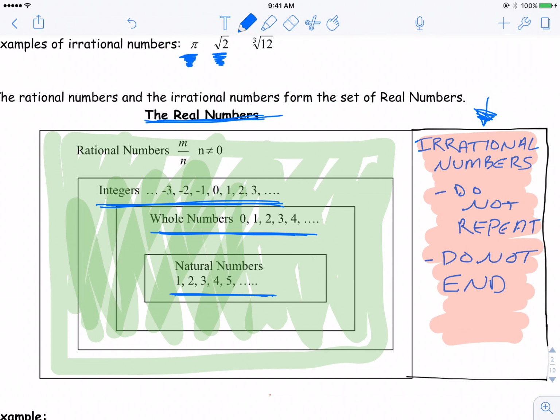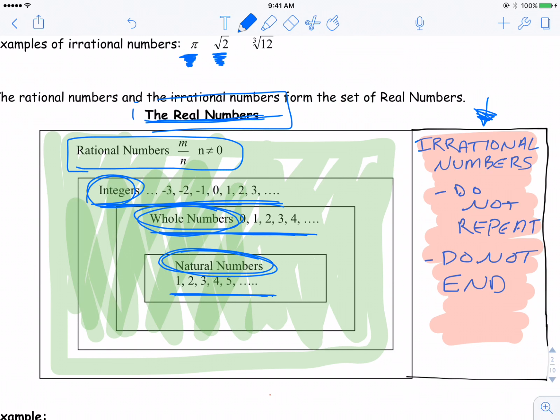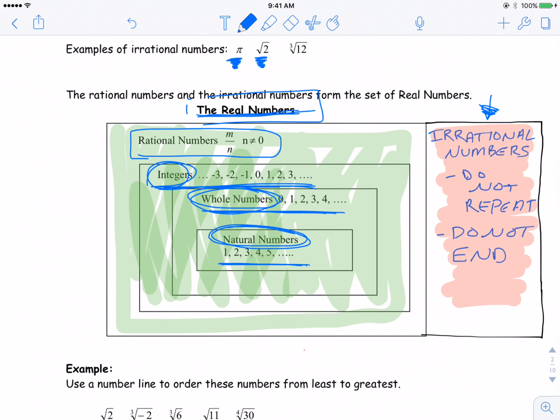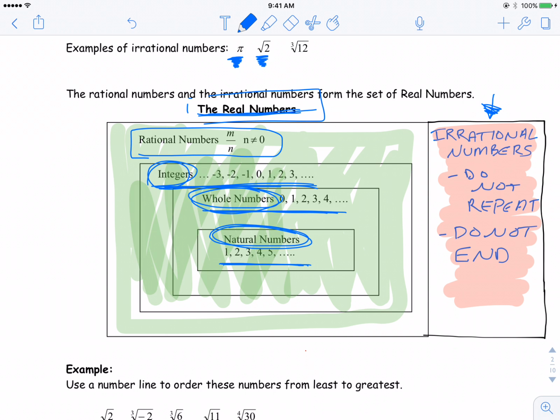And then from there we can include the decimals and the fractions, and we call these all collectively rational numbers. So our real number system is made up of two parts, irrational numbers and rational numbers. And our rational numbers are made up of decimals, fractions, integers, whole numbers, and natural numbers. So just some terms and information that you need to remember.